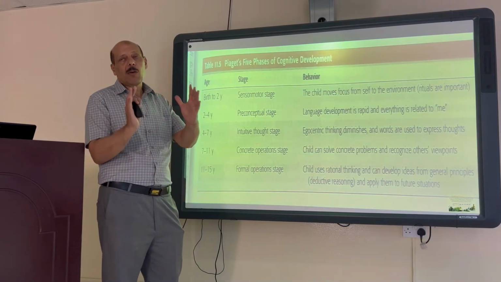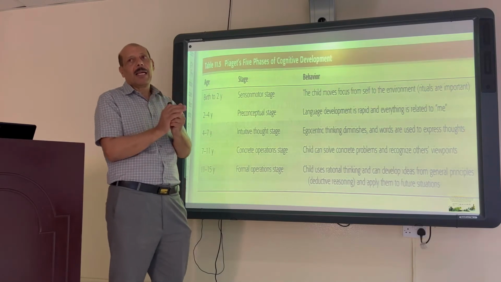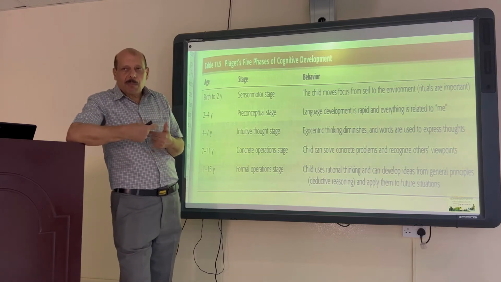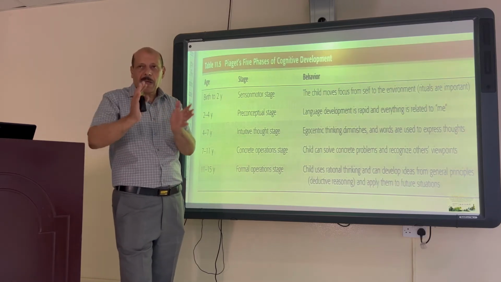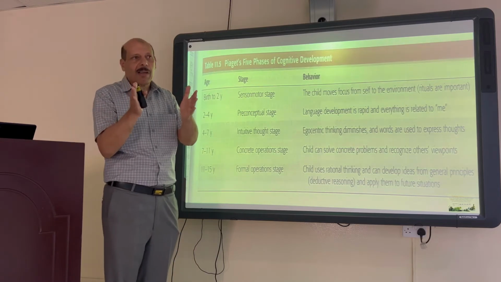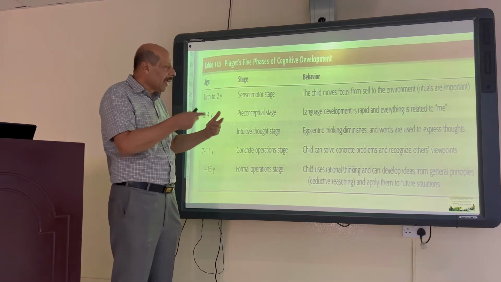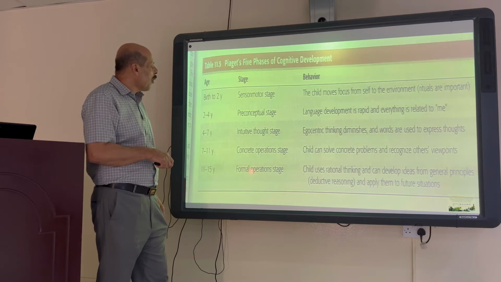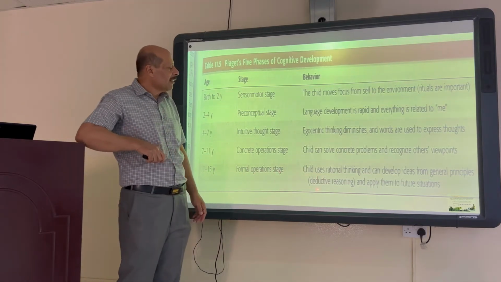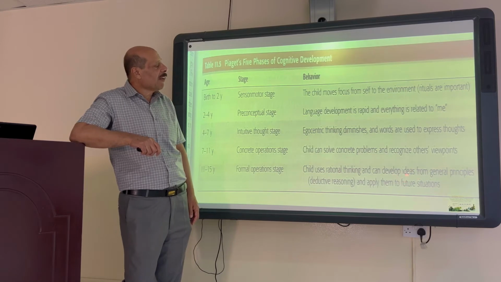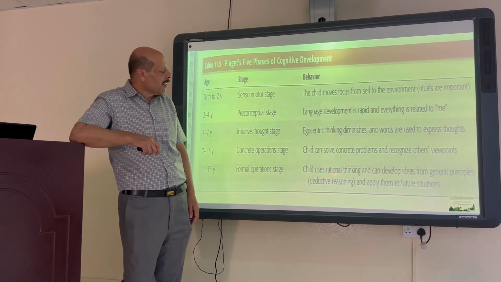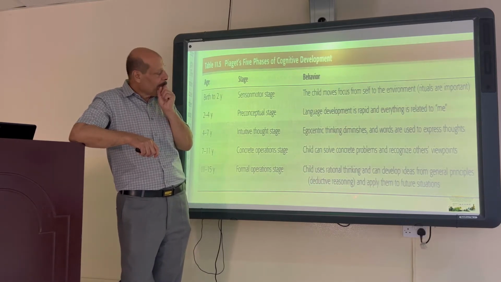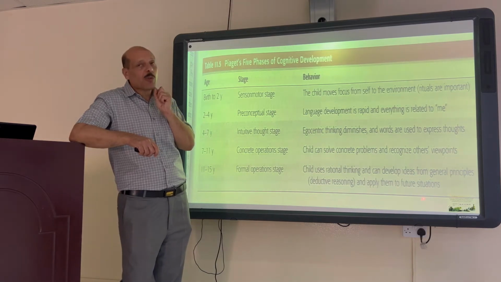So the thing which before he was unable to move, he is learning it as a concrete thing, as a term. Here they can mobilize it and can analyze it. From 11 to 15, formal operational stage, a child uses rational thinking and can develop ideas from a greater principle, which is deductive reasoning, and apply them to a future situation.